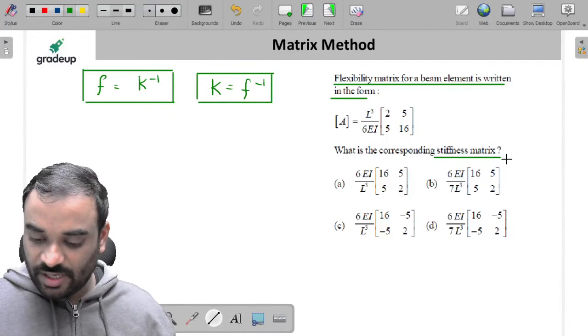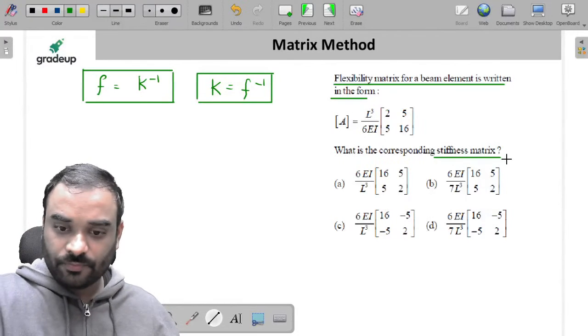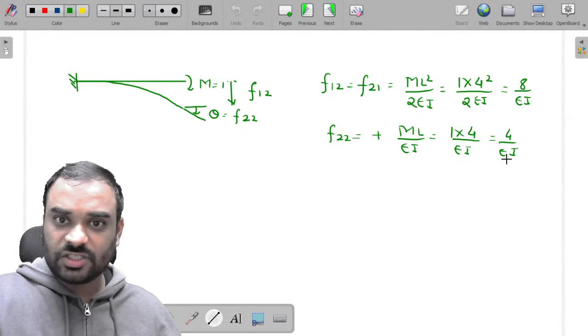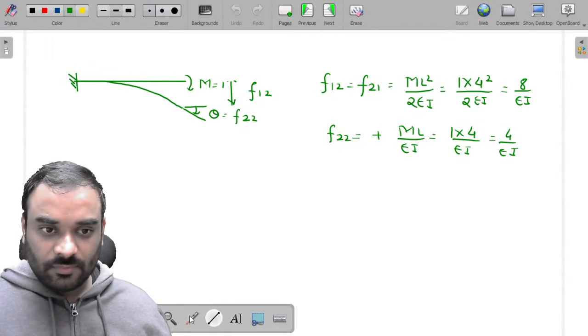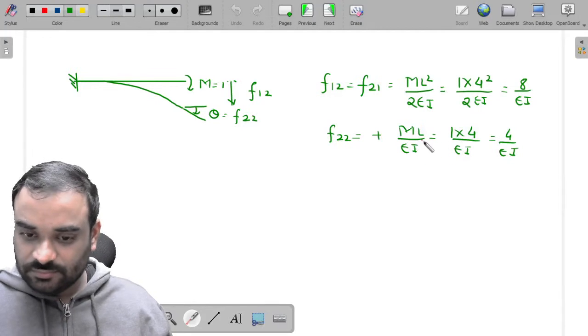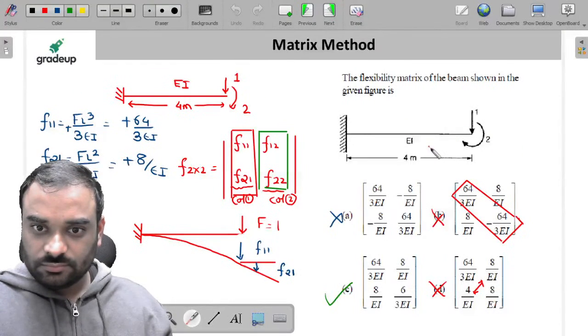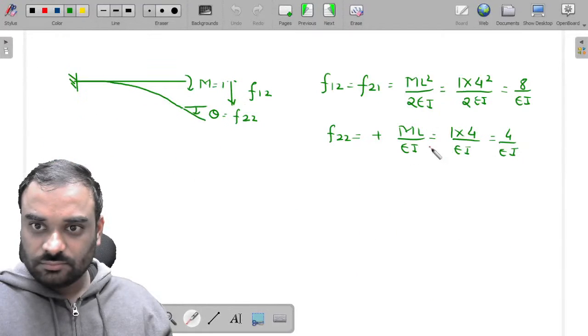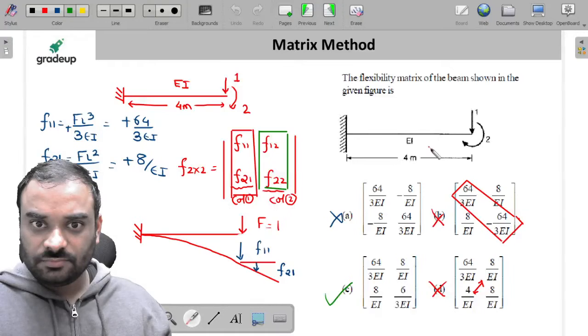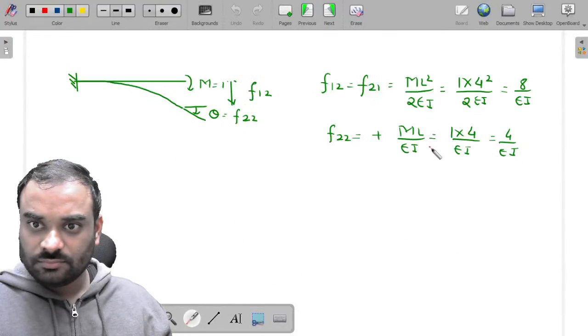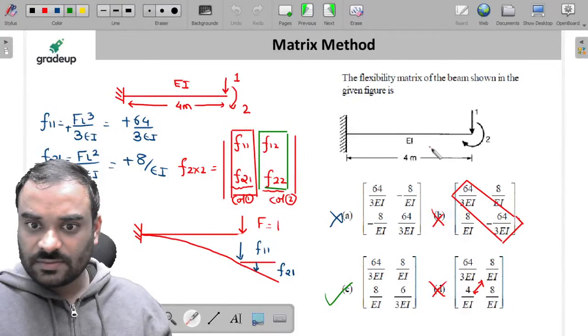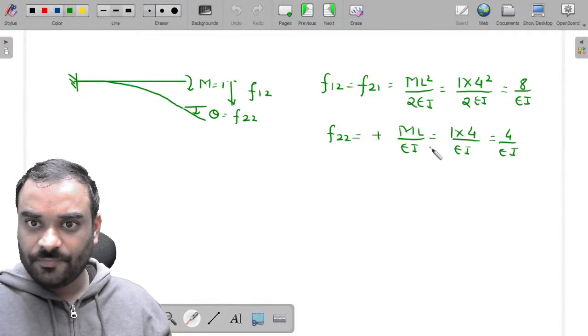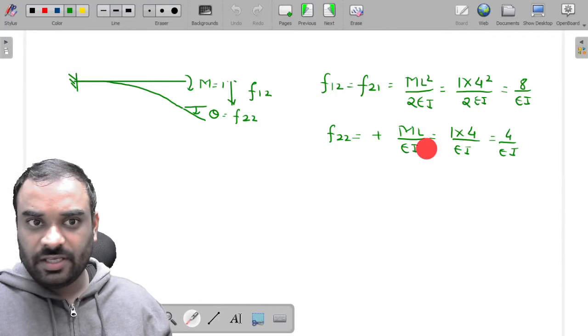Option C might be wrong because 6 by EI. So once check F22. Wait a second. It should be ML by EI, and what is the value of M?